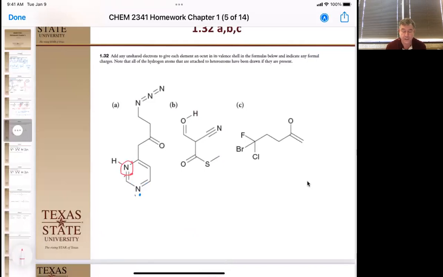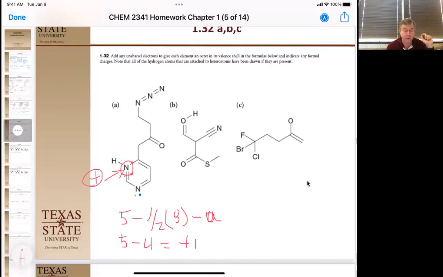For this nitrogen, the formal charge is 5 electrons because it's in group 5, minus 1/2 of the bonded electrons, which is 4 bonds, 8 electrons, minus the unshared electrons, which in this case is 0. So 5 minus 4 is equal to plus 1. So the charge on this nitrogen is plus 1.